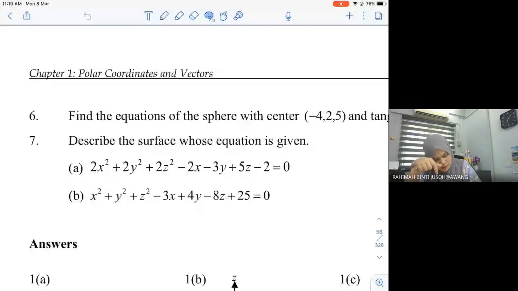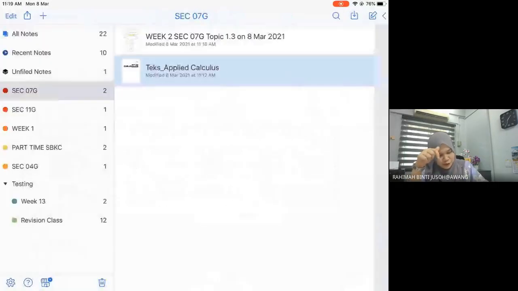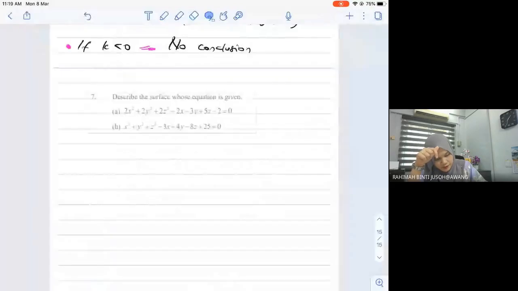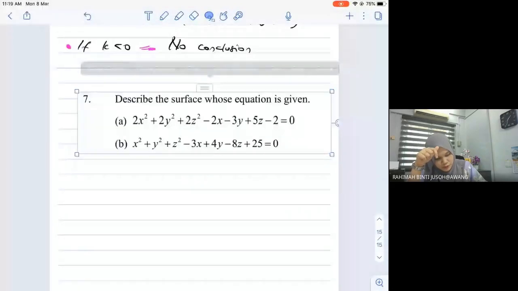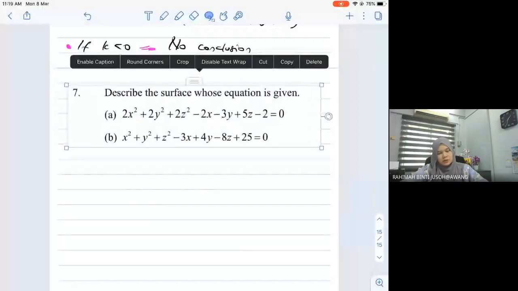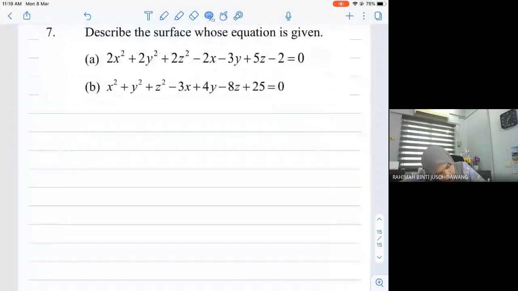Number 7 ni. Copy. Kalau disuruh cari radius, maksudnya memang betul lah tu sphere. Contoh kalau soalan macam ni. Okay, saya buat soalan nombor B tu dulu, sebab B tu perkali dia 1. Saya akan ajar you completing the square first. Lepas tu baru kita buat soalan A. Okay, solution.